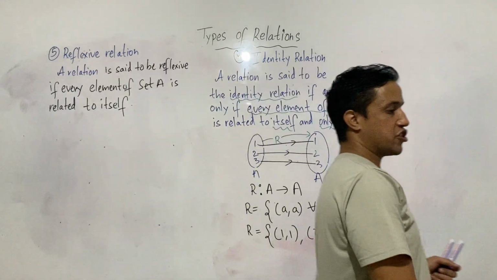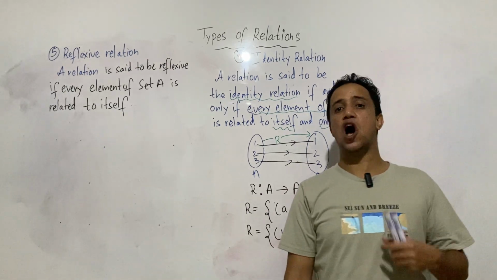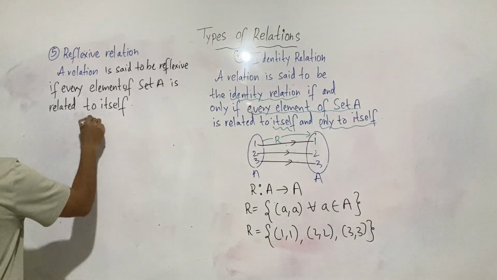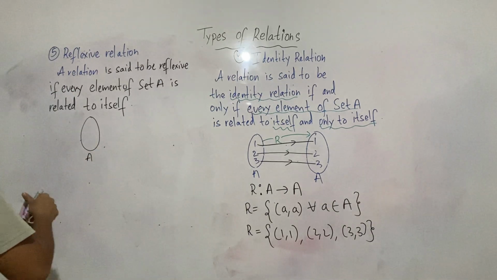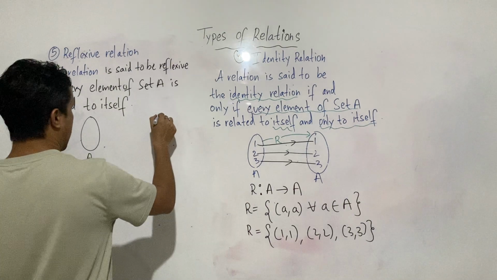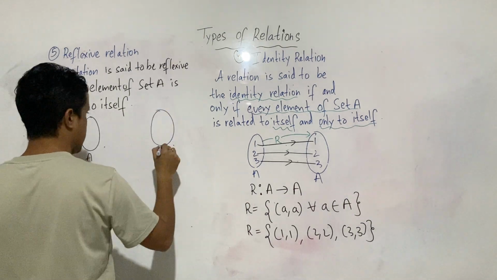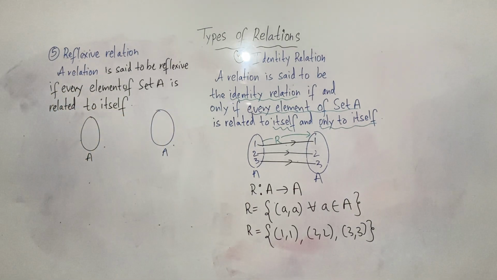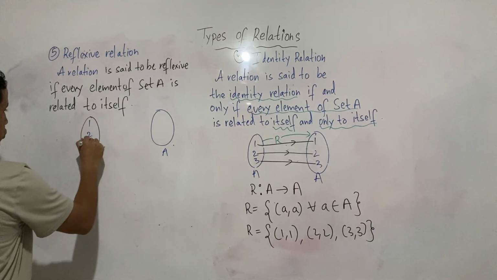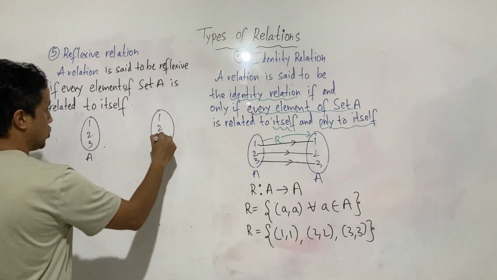This type of relation, reflexive, is going to be on the set A. So here let's say that I have set A, and here I have set A. Here I have elements 1, 2, 3, and here I have 1, 2, 3.